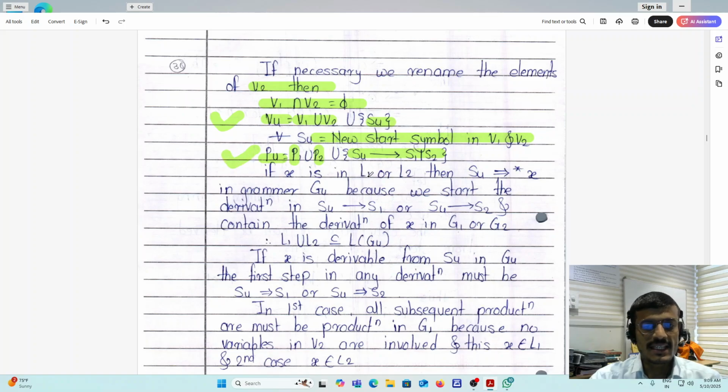If x is in L1 or L2, then S_U derives x in grammar U, because we start the derivation with S_U tends to S1 or S_U tends to S2 and continue with the derivation of x in G1 or G2. Hence, L1 union L2 belongs to L of GU.